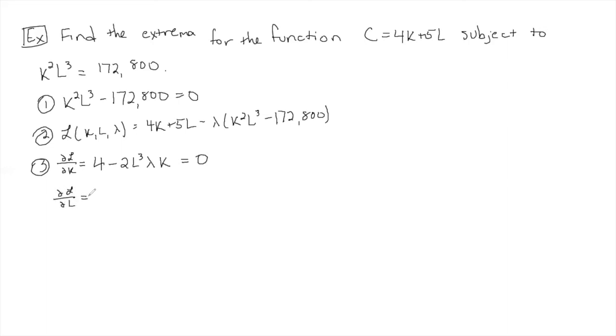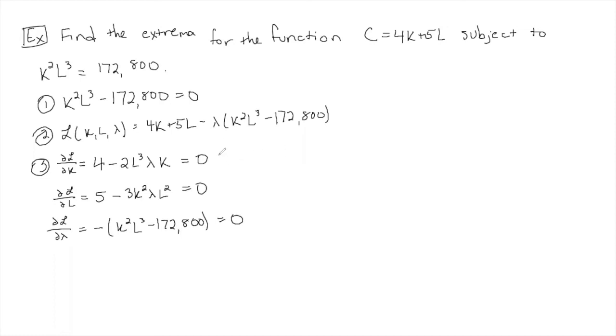With respect to L is 5 minus 3k squared lambda L squared, and that's equal to 0. And now finally the constraint equation. Negative k squared L cubed minus 172,800 equal to 0.